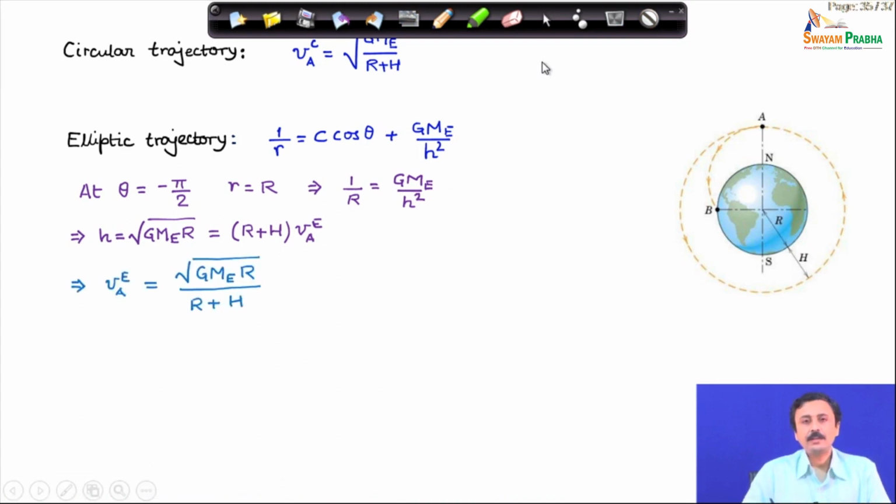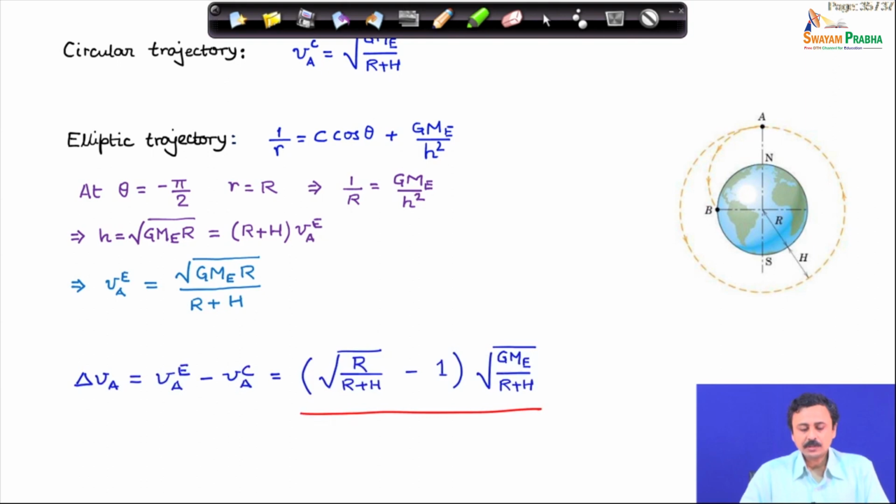And from here the velocity on the elliptic path at A should be this quantity, under root G M E r by r plus H. H is the height of the satellite from the surface of the earth, capital H. Therefore, in this case the boost is a reduction in speed.